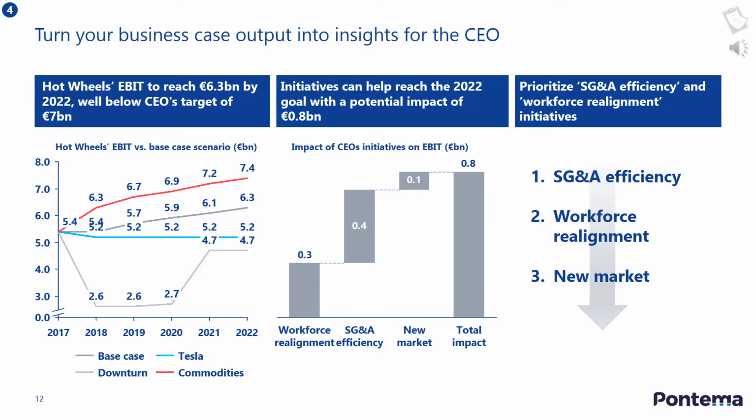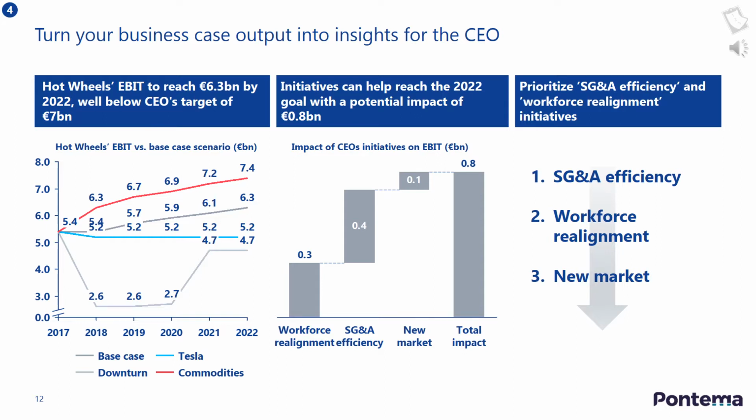Entering the Iranian market will also generate a positive EBIT impact of €0.1 billion. You would also prioritize the delivery of the cost efficiency initiative over the other 2 initiatives, as it drives the biggest contribution to EBIT.